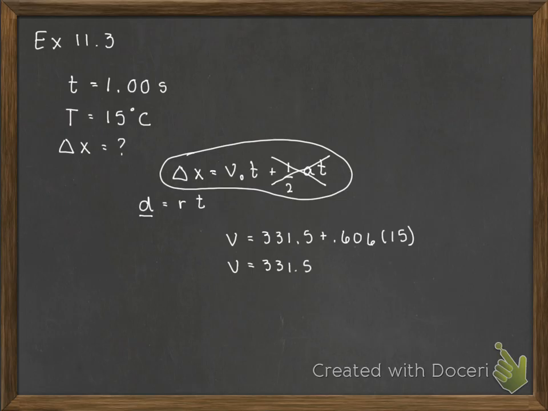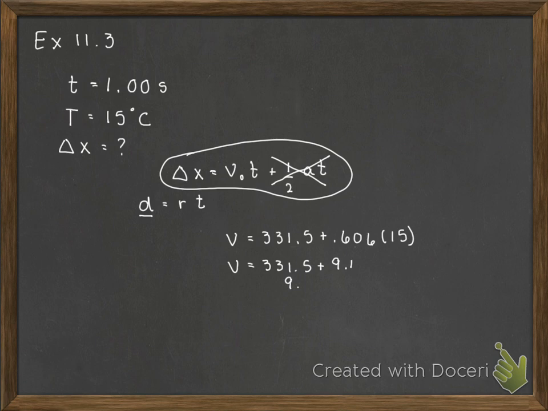Remember our rules. We're going to multiply and follow the rules for multiplication. 0.606 times 15, no decimals, gives us 9.09, but we need 2 significant digits, so we will use 9.1.